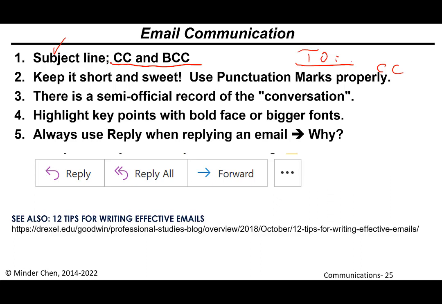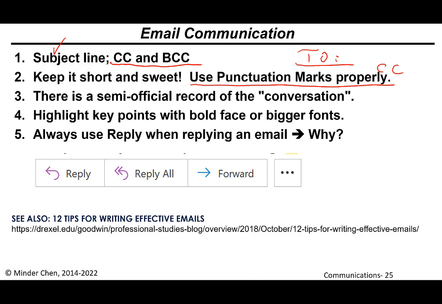And use punctuation marks properly. I add this here because a few years ago I received a message from a student. It's relative. It's not a very long email, but it's not a short one, by the way. And there's no punctuation mark at all.